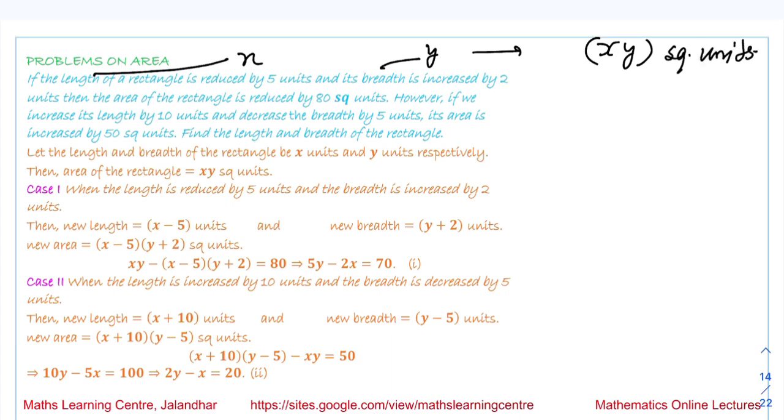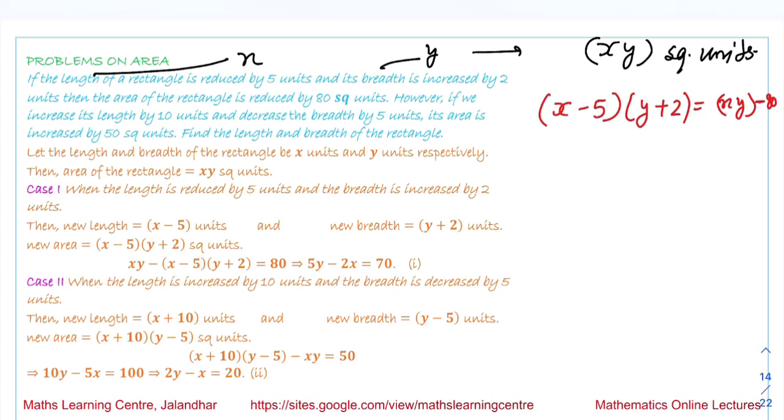Now the first case: the length is reduced by 5 units, so the new length is x minus 5, and the breadth is increased by 2 units, so the new breadth is y plus 2. Then the area of the rectangle is reduced by 80 square units.